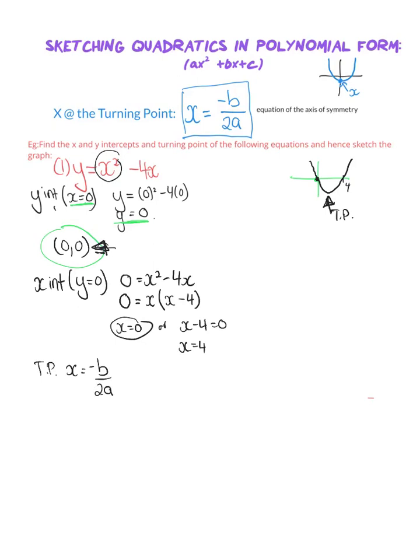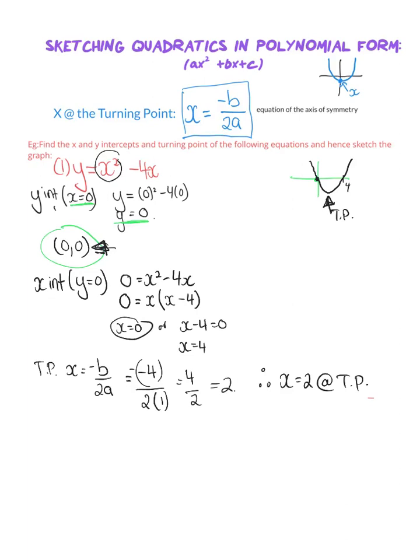The b value in this equation is actually negative 4. So it's negative negative 4 over 2, because the formula says negative, and the a value is 1. So a negative and a negative becomes a positive, and we get 4 over 2, which equals 2. So therefore, we know that x equals 2 at the turning point.